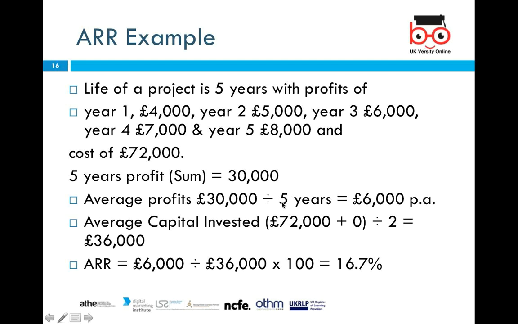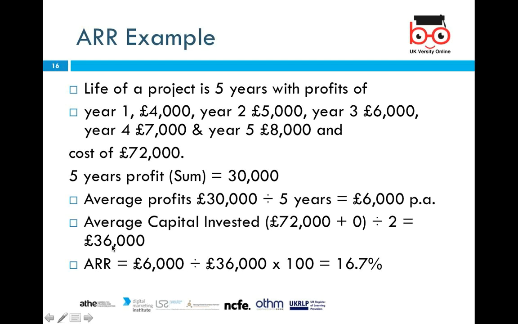On average, in every year it is 6,000, that means 30,000 divided by 5. That will be 6,000 per annum. Then the average capital invested, that is the cost of the capital, the total capital invested, divided by 2. That is 36,000.